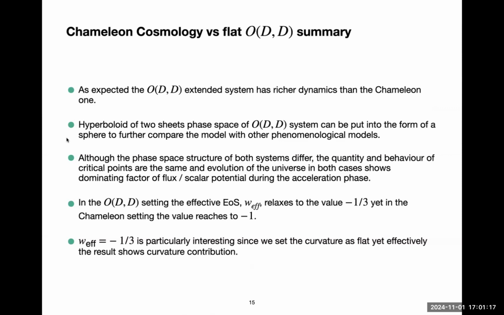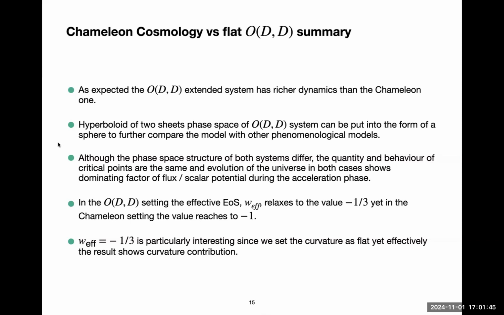But the hyperboloid of 2 sheets phase space can be turned into the form of a sphere by making changes in the dynamical variables, to compare with other phenomenological models in the context of linear stability analysis of cosmological models, and see whether they are similar to other phenomenological models in terms of their critical point behavior in their phase spaces.